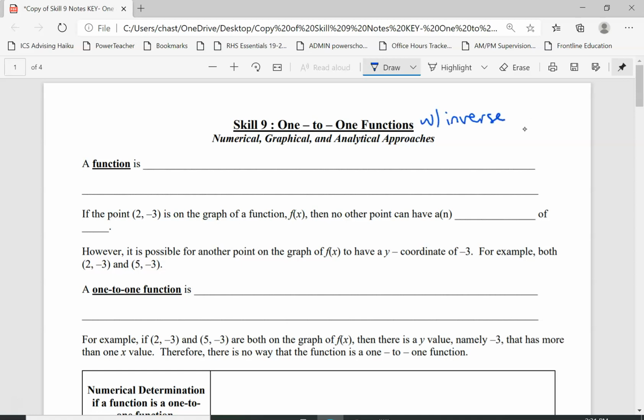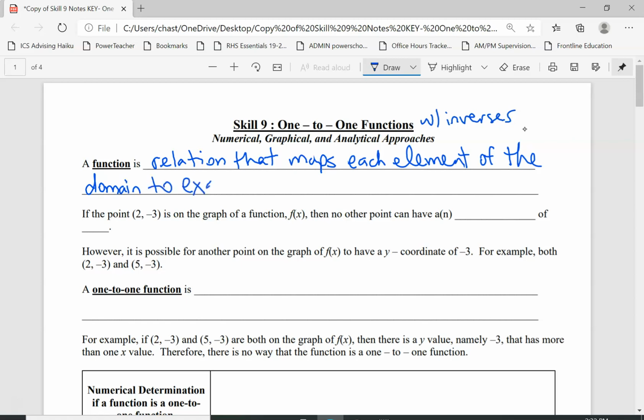Okay, so let's start with reminding ourselves what a function is. A function is a relation that maps each element of the domain to exactly one element of the range.